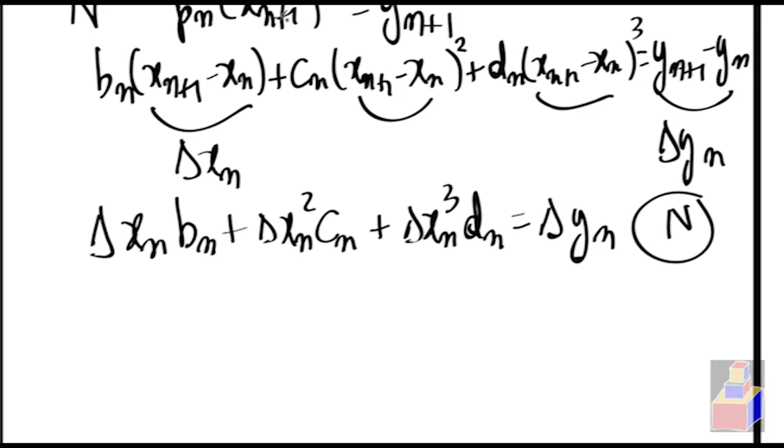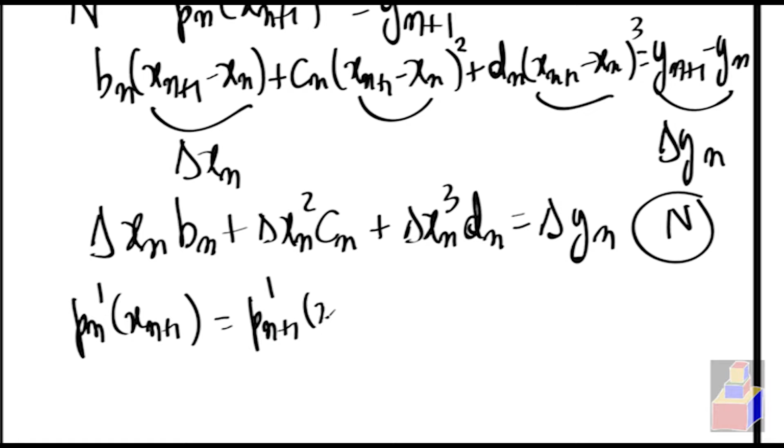There's a wrong equation here, there's something above equation 6. There's a small typo there, so I have to fix it. So I can establish that Pn prime at xn plus 1 equals Pn plus 1 prime at xn plus 1.